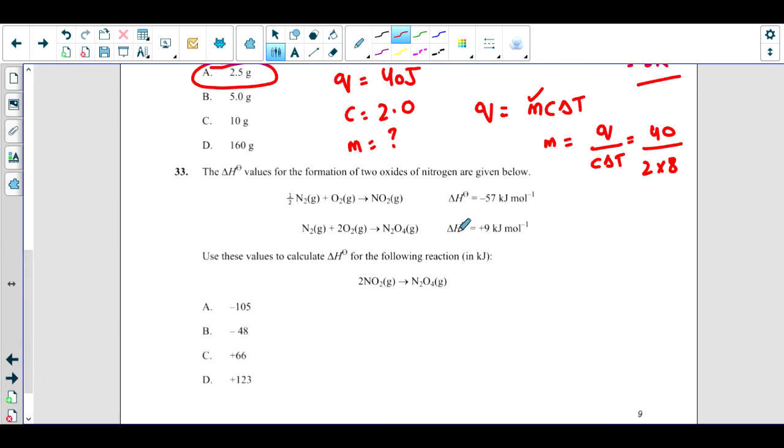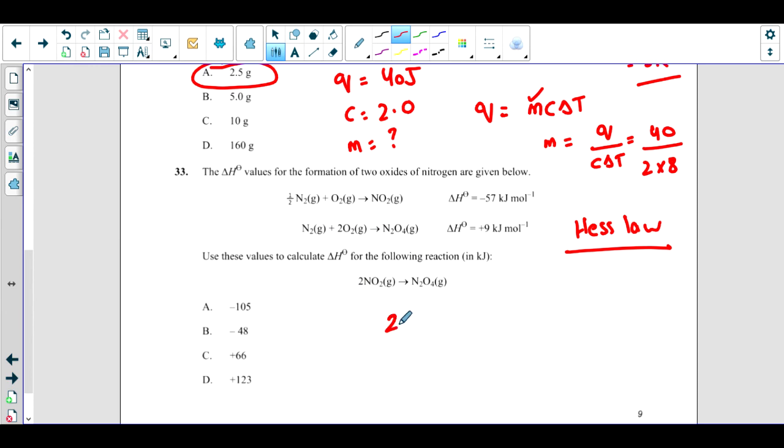Okay, values are given. Again, this is Hess law. Too many questions in the past papers are from Hess law. These are all past paper questions which are part of IB exams. Here we have NO2 on the product side, and here we have it on the reactant side. So what should we do? We should flip this equation. Not only flip it, here we have 2 NO2 and here you have 1 NO2, so we should also times it by 2.